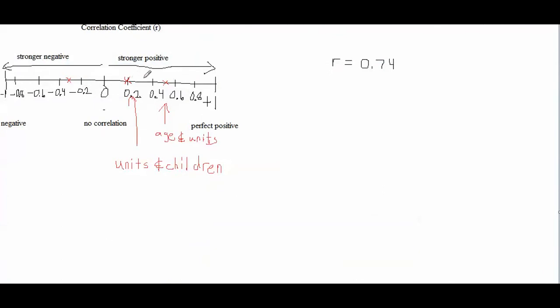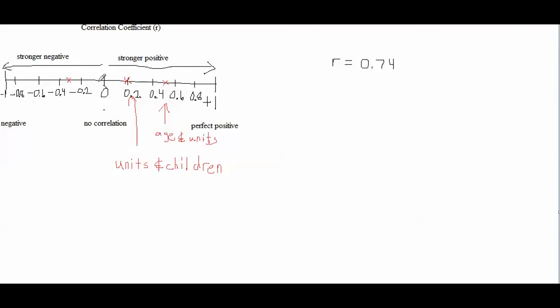So for example, negative 0.70 or negative 0.7 would be stronger than positive 0.3, because negative 0.7 is further from 0, and positive 0.3 is closer to 0.